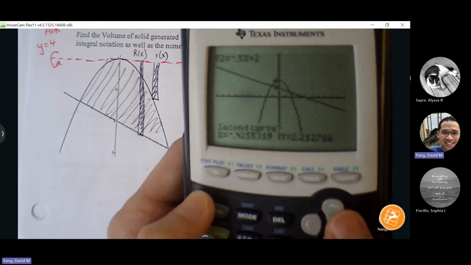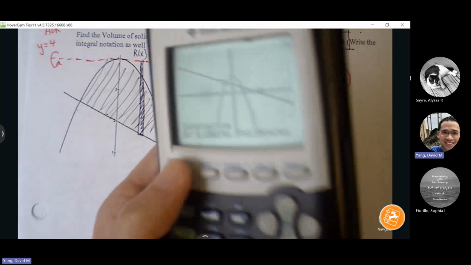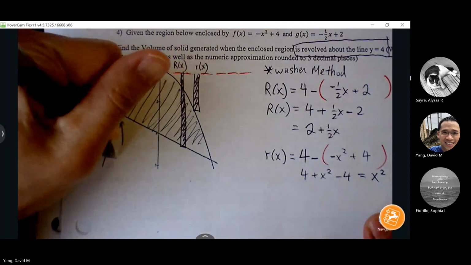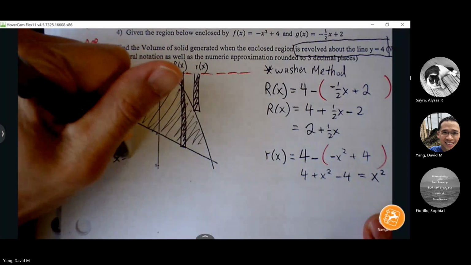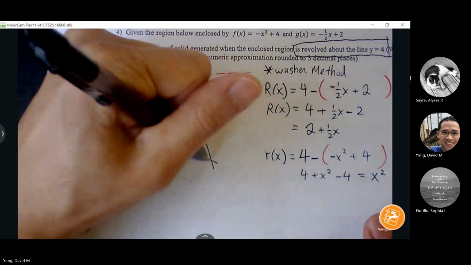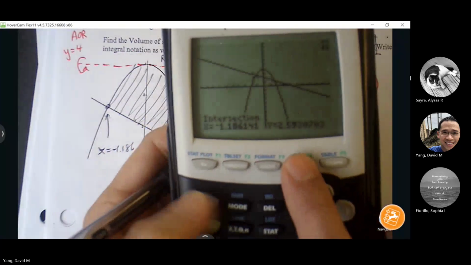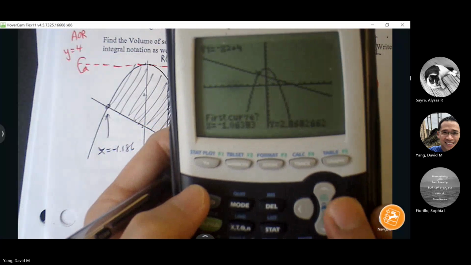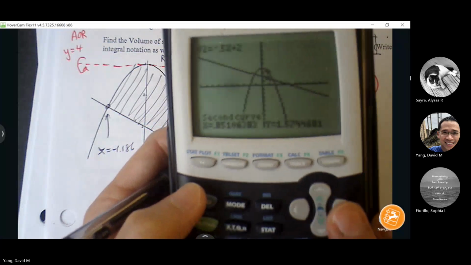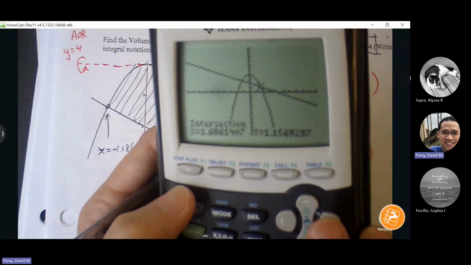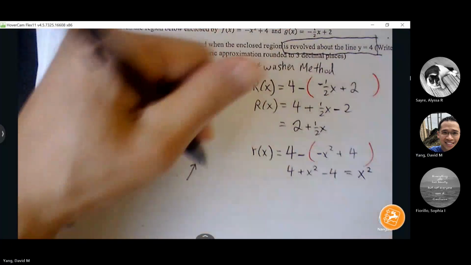Pick points close to the left intersection here. All I need is the x value, so -1.186. Pick a point closer to the right intersection there, 1.686.